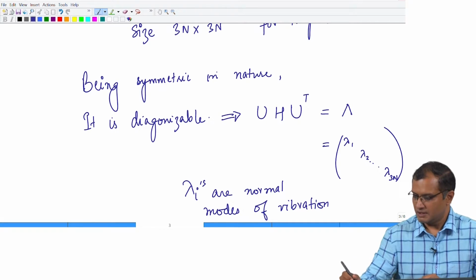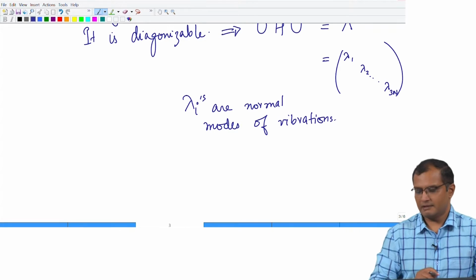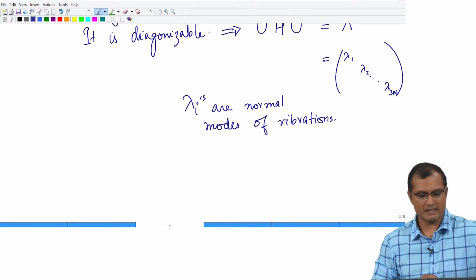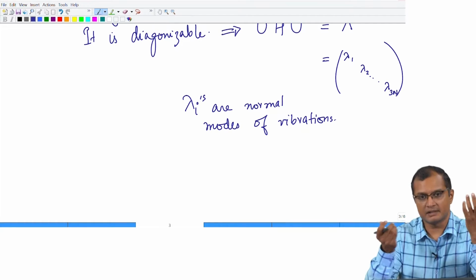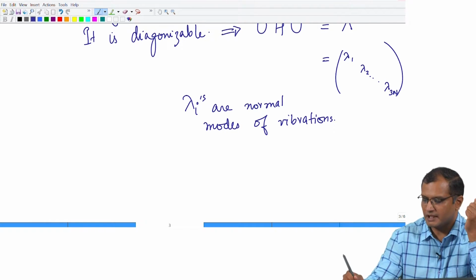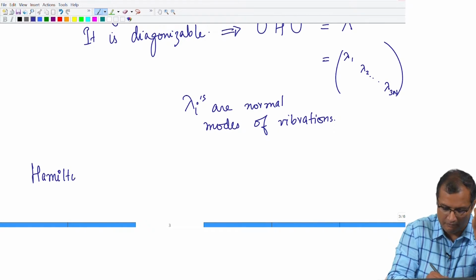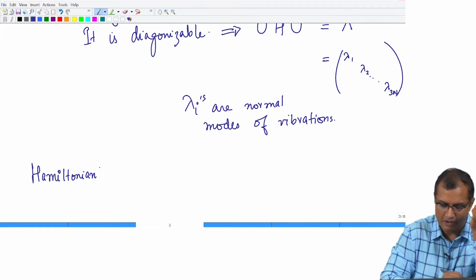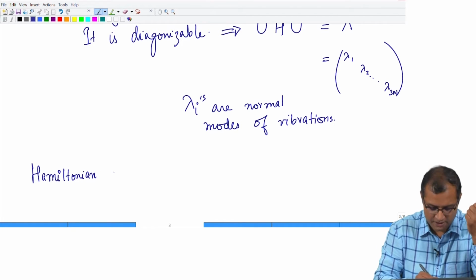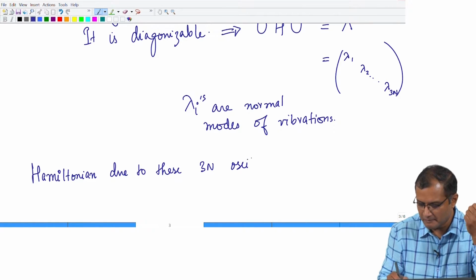So, I can now expect that the system has 3n oscillators, okay, and we can now think of the Hamiltonian due to these 3n oscillators.